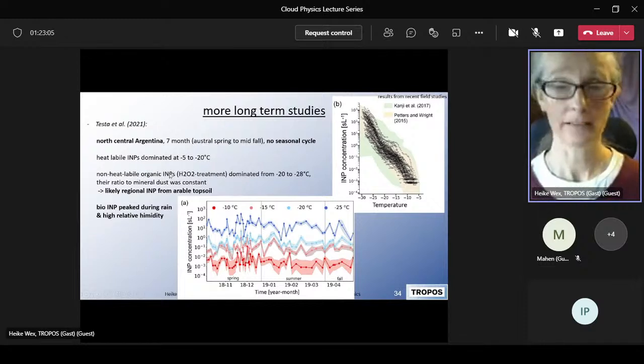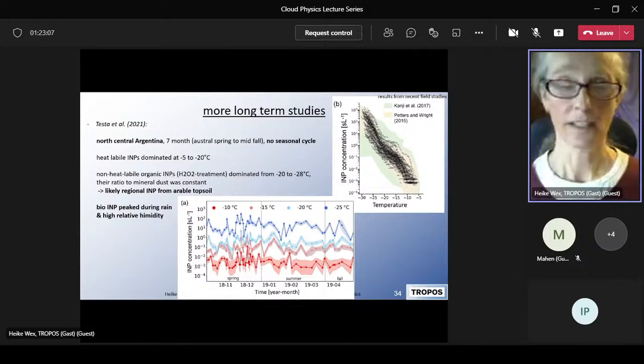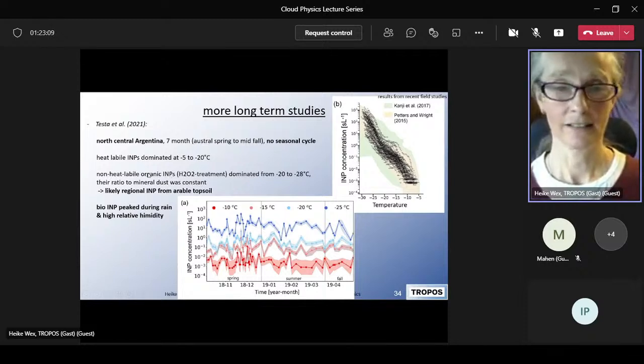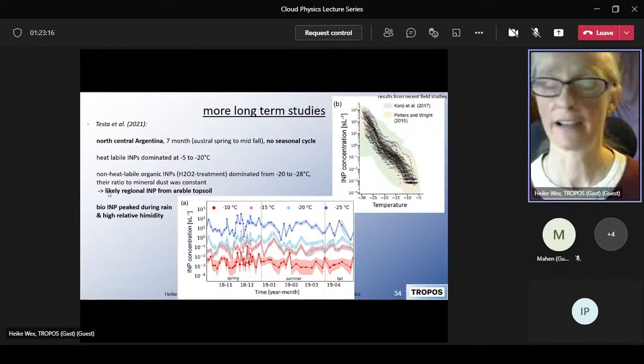There were some dust particles that corresponded in concentration to those organic INP, but they were very, very small amounts only. So they say probably the INP they observed were regional and from arable topsoil.